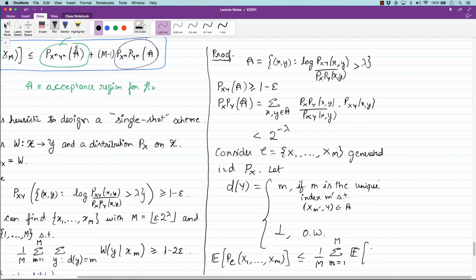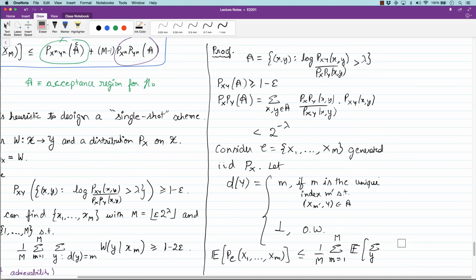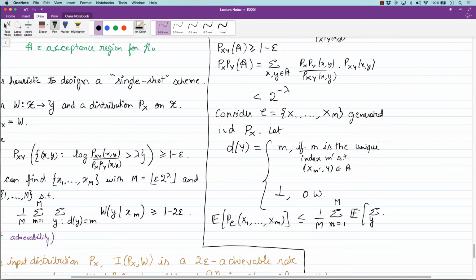So the code word under W, summation over y such that x, this is the random part in this expectation, xm comma y doesn't belong to A, and we look at the probability of all such y given x.